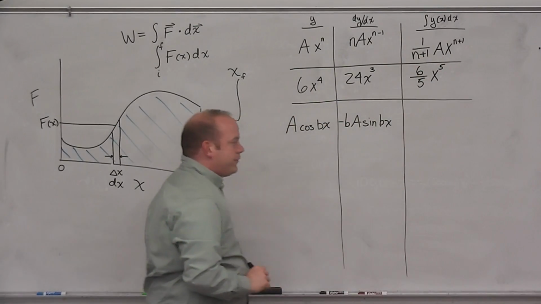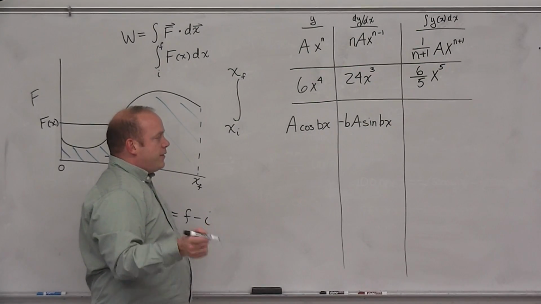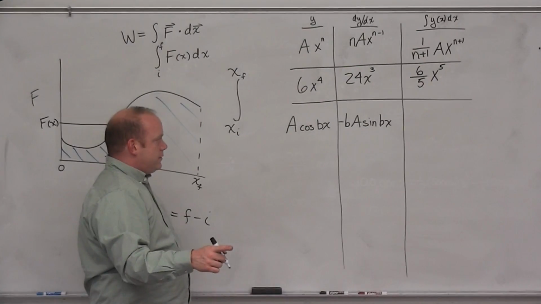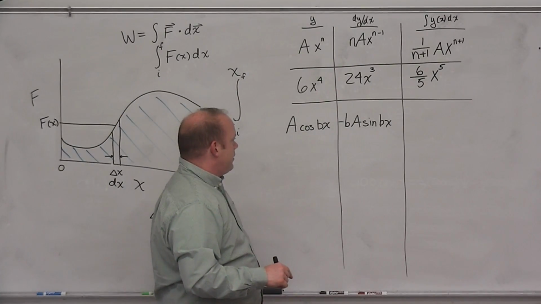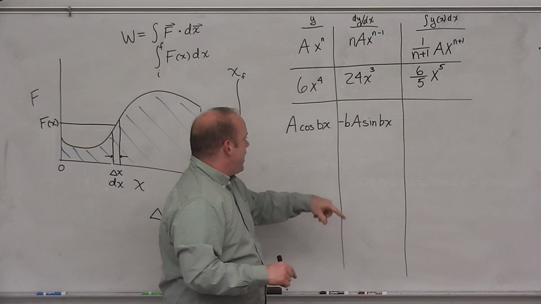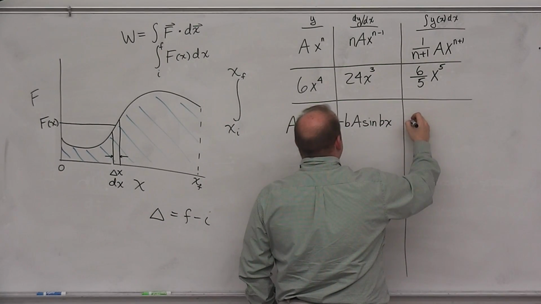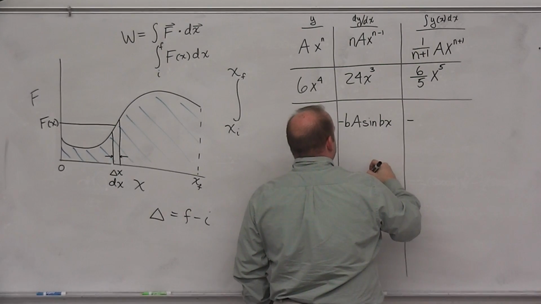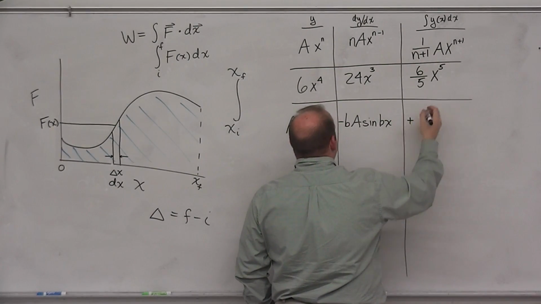I'm not going to go through proofs on this. Now, here's the thing. Derivative of sine is cosine. Derivative of cosine is negative sine. So now, I'm still going to get a sine out here. But instead of b times a, I'm going to have a over b. It's still going to be negative. This one will be positive.